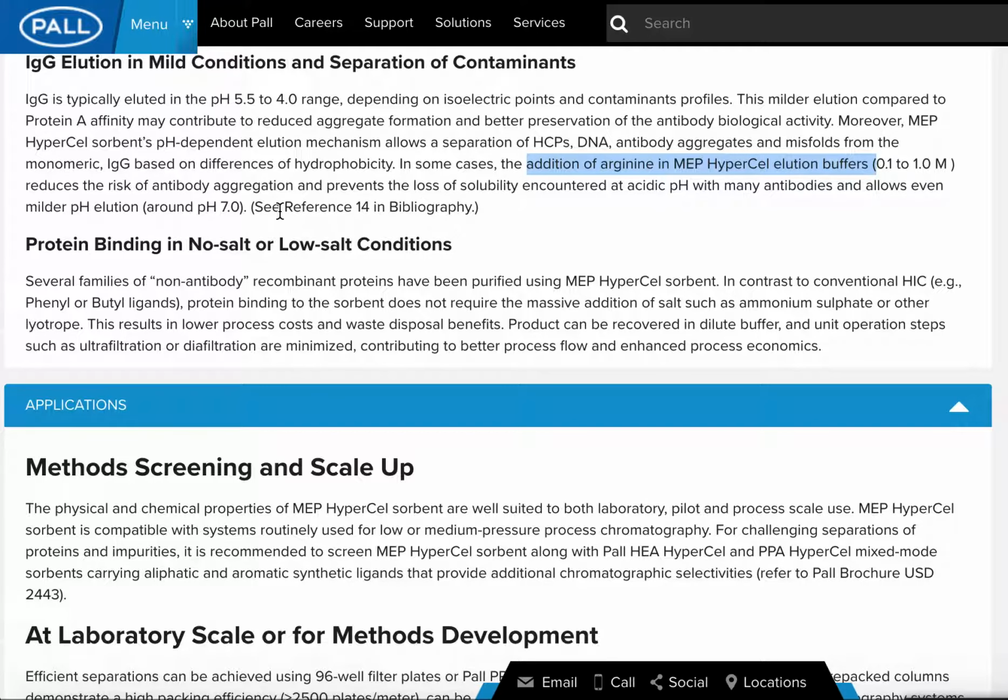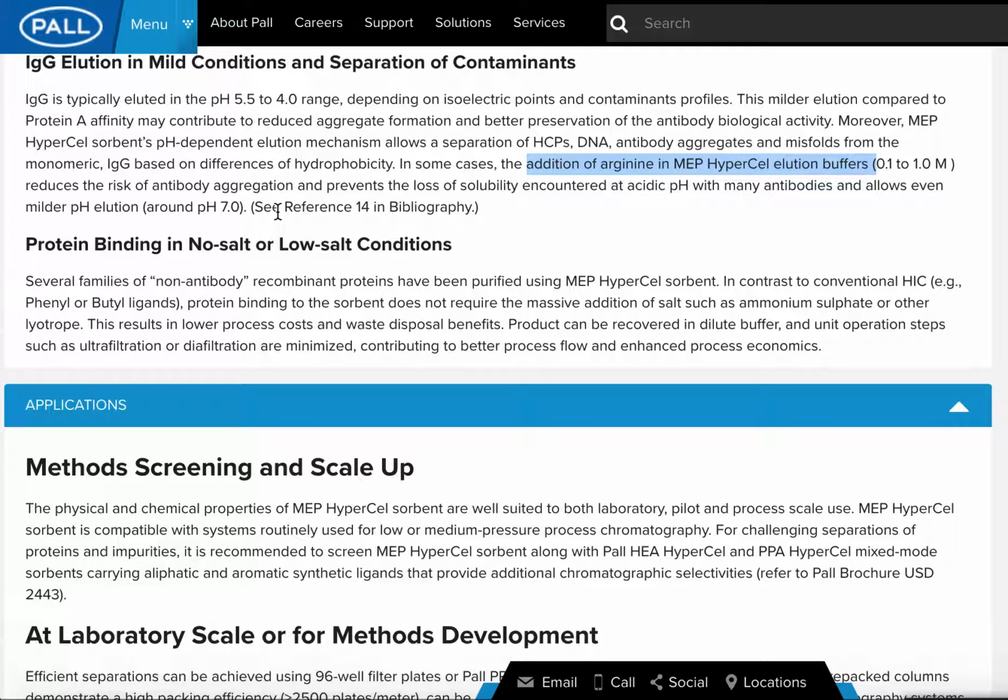One of the biggest problems they face in this biological process is aggregation, and in order to prevent it, they're saying the addition of arginine in MEP HyperCel elution buffer reduces the risk of antibody aggregation and prevents the loss of solubility encountered at acidic pH with many antibodies, and allows even milder pH elution around 7.0.